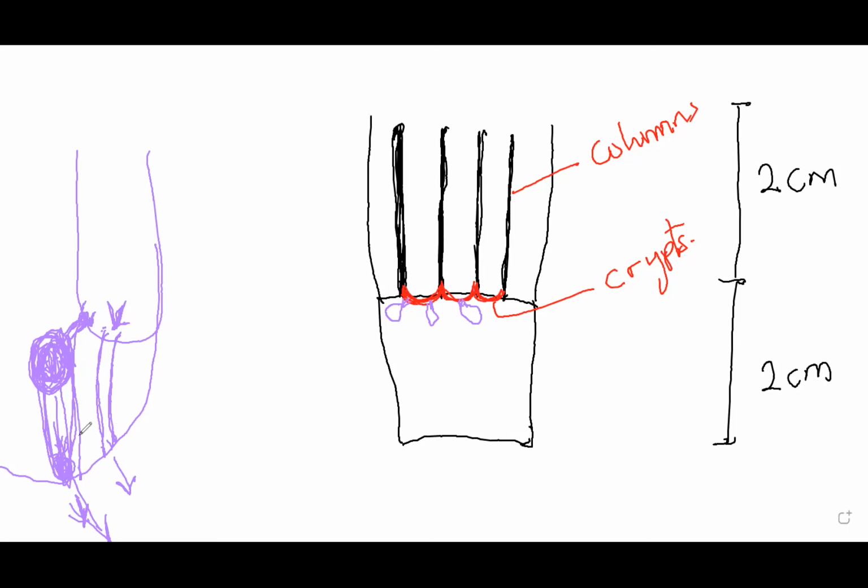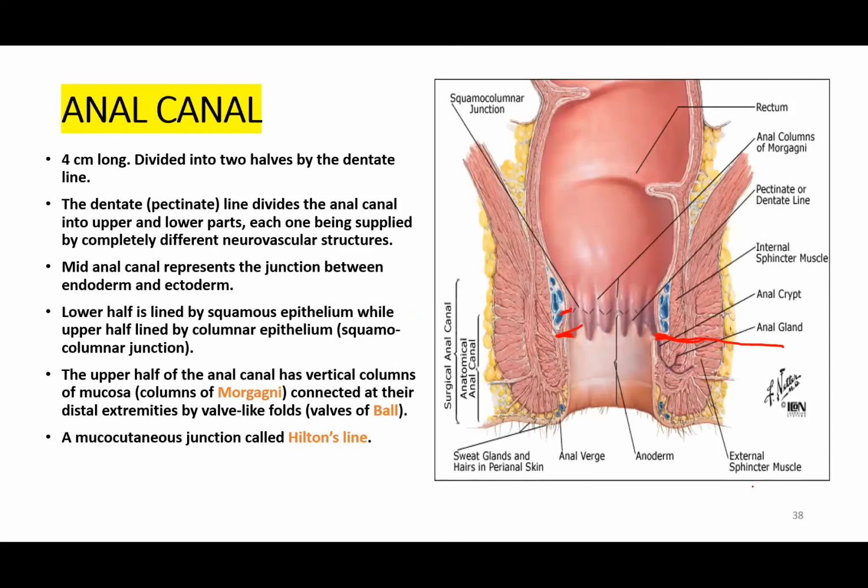You have columns of Morgagni that are connected at the level of the dentate line by the anal crypts. And at this anal crypt, the anal glands open into the anal crypt through some sinuses. And of course, these sinuses can get blocked. Okay.